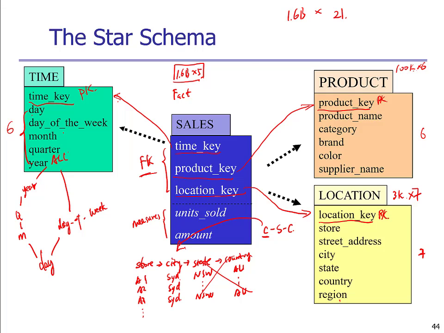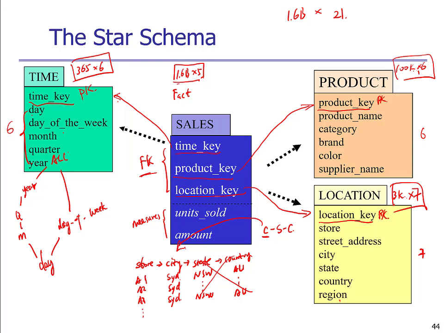And for the time, if we take day as the unit of time, then we would have 365 days times, say, 6 columns here. So you add these 4 numbers together.